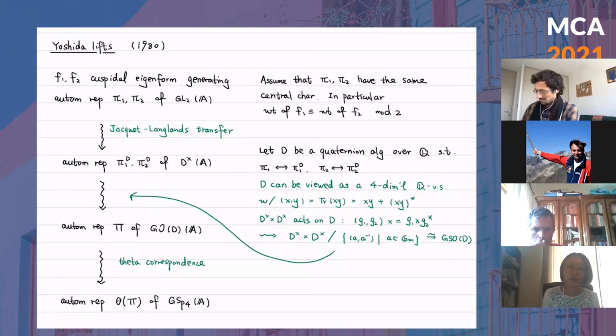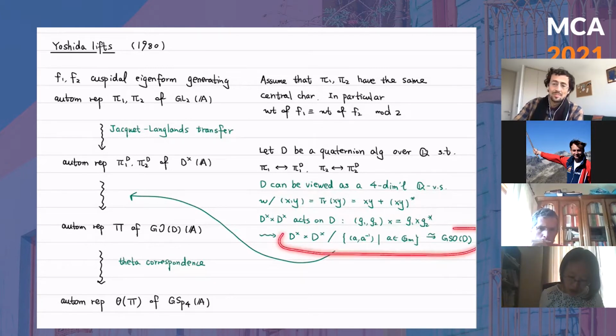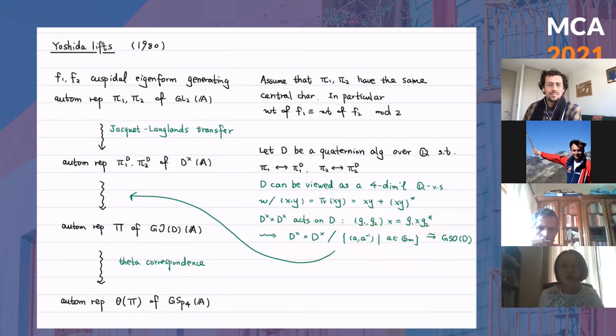So it induces a map from the two copies of D cross to the orthogonal group attached to this four-dimensional vector space over Q. We then get an isomorphism from the quotient of D cross times D cross, quotient by a torus, to GSO(D), the connected component of the identity of the similitude orthogonal group.